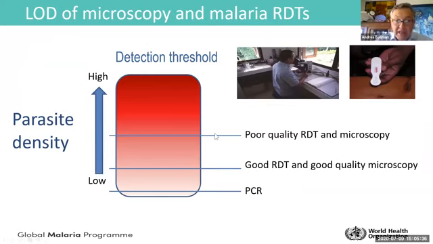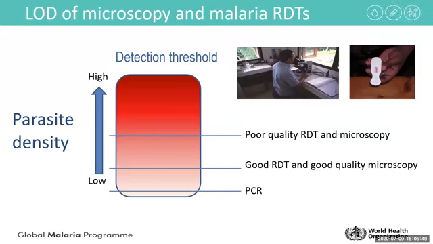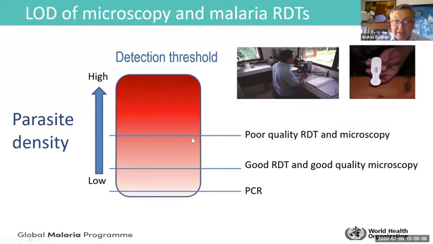For instance, if we have a poor quality RDT and very poor quality microscopy, they can only detect a very high level of parasite densities. It's probably above 500 parasites per microliter. Now, if we have good RDTs and good quality microscopy, the detection goes down to 50, 60 parasites per microliter.